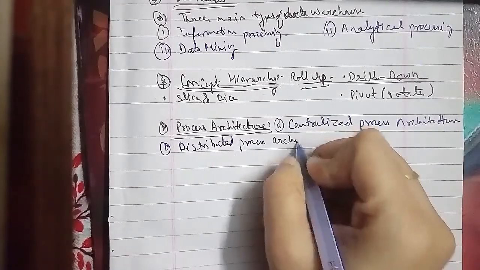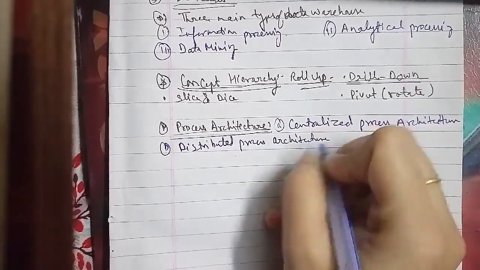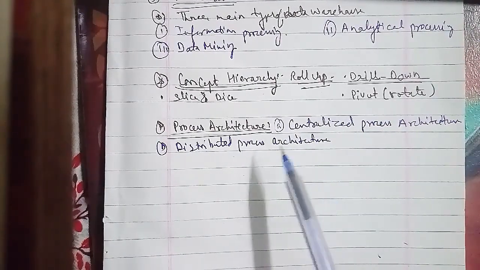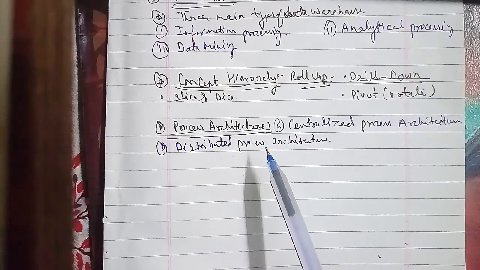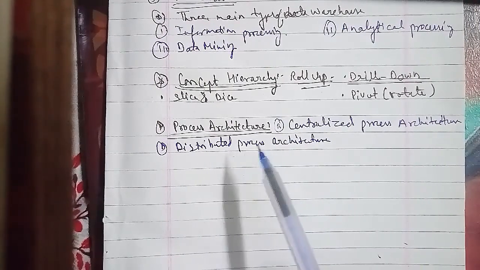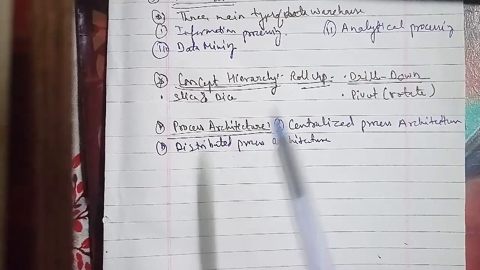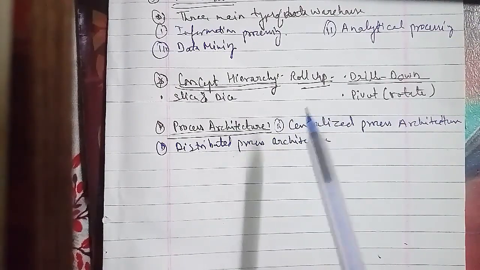Distributed architectures are used to overcome the limitations of the centralized process architecture, where all the data needs to be collected in one central location and results are available in one central location. There are several different architectures of distributed process. The first one here is client server.